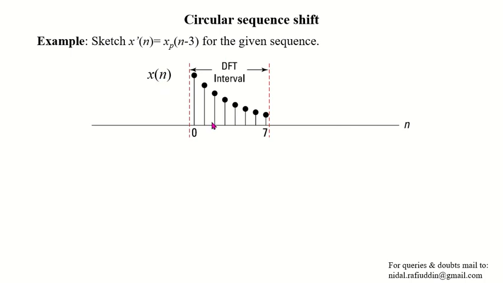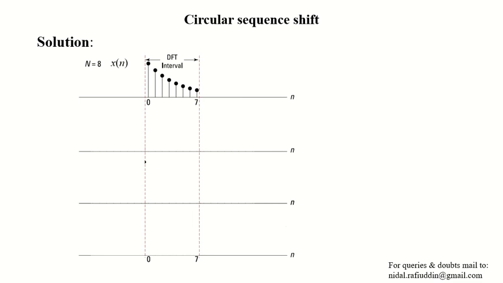Now xn is given by this sequence, and we are required to eventually draw x dash n. Before this, we'll follow the relations that we obtained in the previous slides. Let us first redraw xn, the same sequence, and now we'll draw the sequence xpn. xpn was obtained as the summation over L from minus infinity to plus infinity of x of n minus LN.